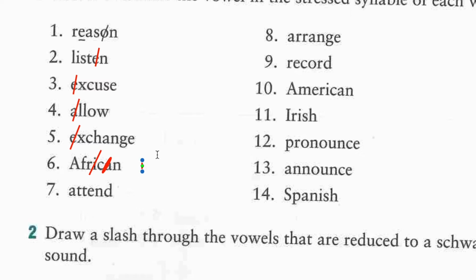So again, the I sound generally is represented like this in the International Phonetic Alphabet, but you can say it 2 different ways. African, using the I sound, or we could use the schwa. Listen to the difference. African, African. So notice when I use 2 schwas, they sound basically the same.